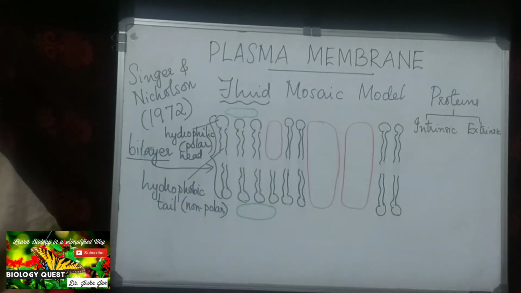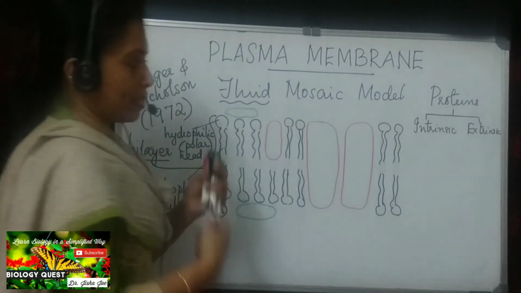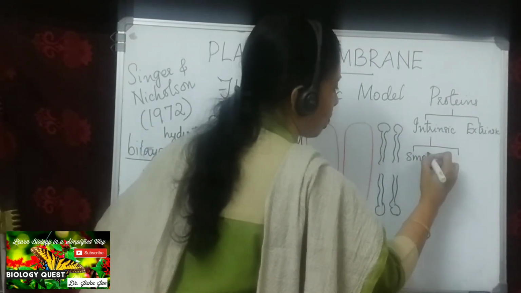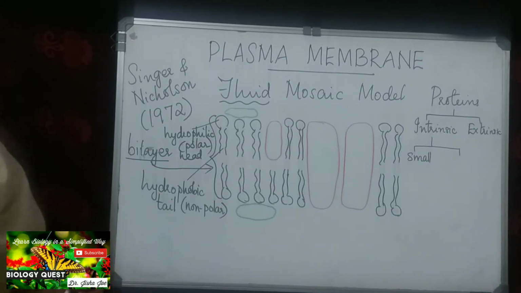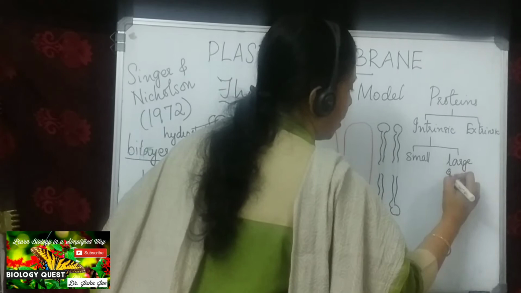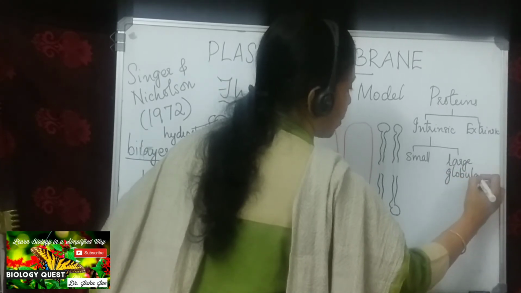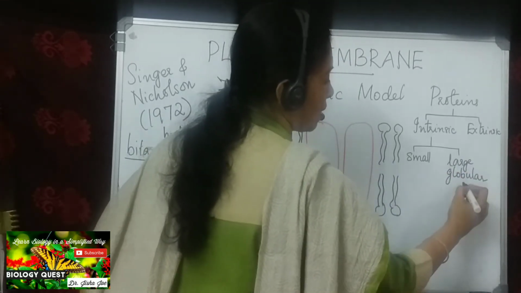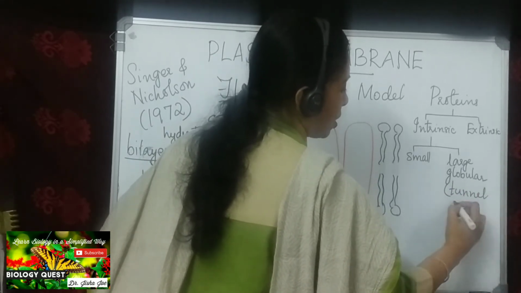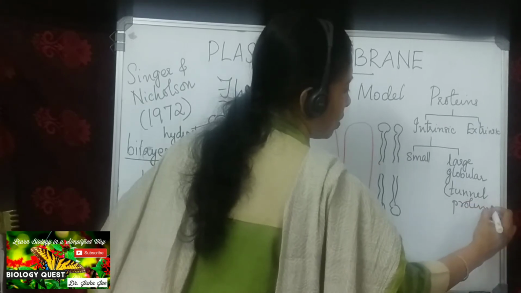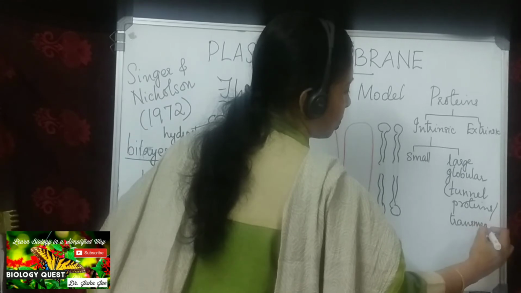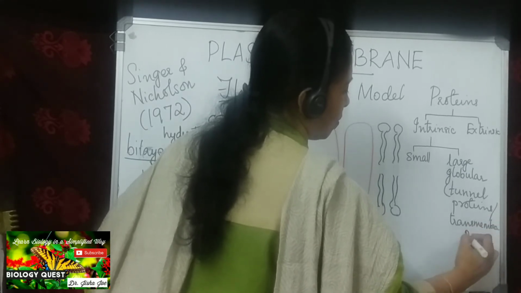So integral proteins are classified into small integral proteins and large globular proteins, and the large globular proteins are otherwise called tunnel proteins or transmembrane proteins.